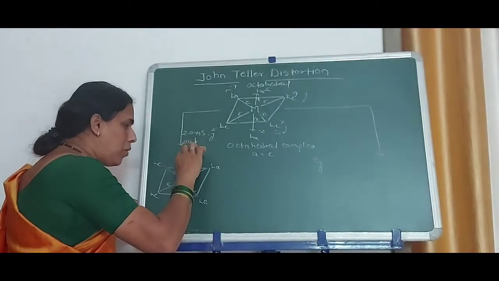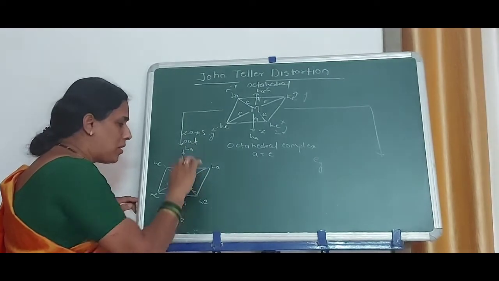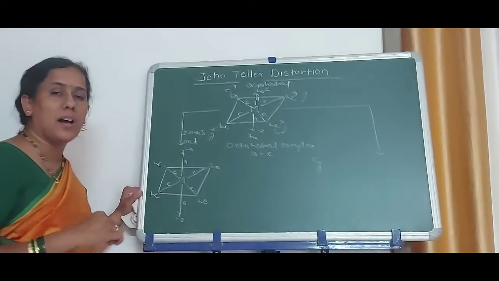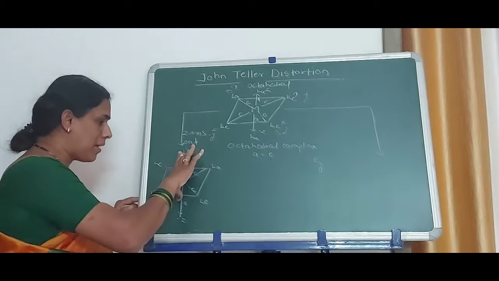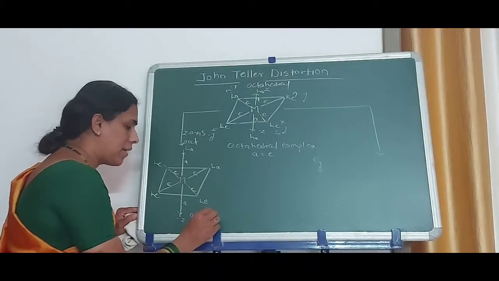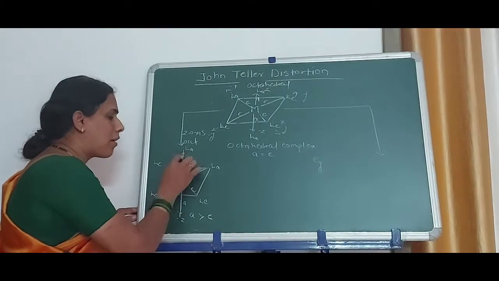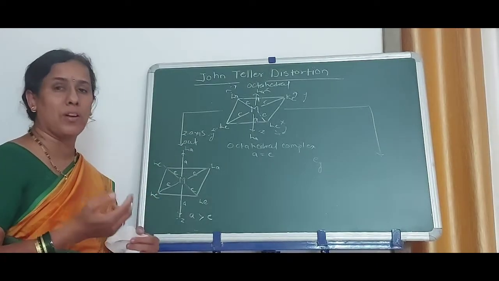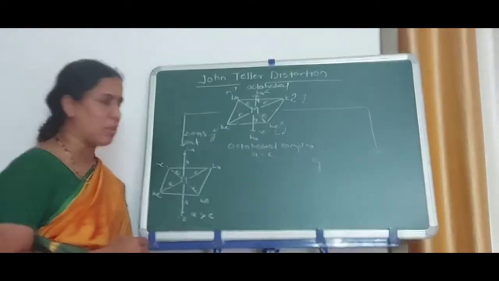The two ligands trans to each other on the Z axis get elongated. At that time, the distance A is greater than E. Therefore, the octahedral complex gets elongated. That is where distortion occurs.